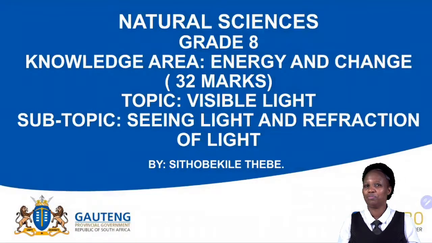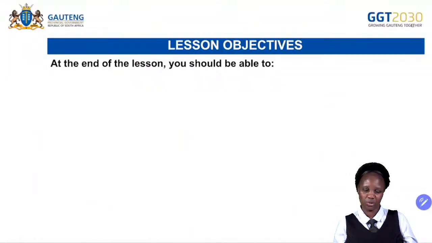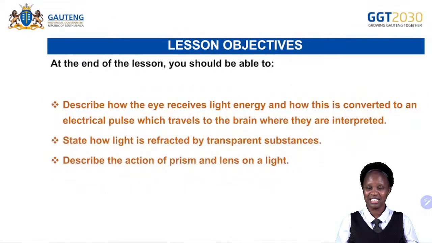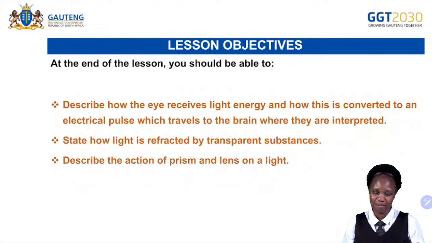Let's go to our objectives and check what we have. Remember, we need to achieve something by the end of the lesson. Objective number 1 says, describe how the eye receives light energy and how this is converted to an electric pulse which travels to the brain where it is interpreted.